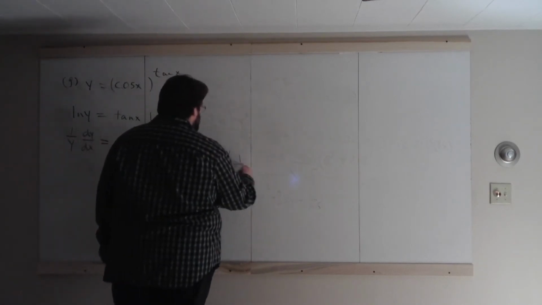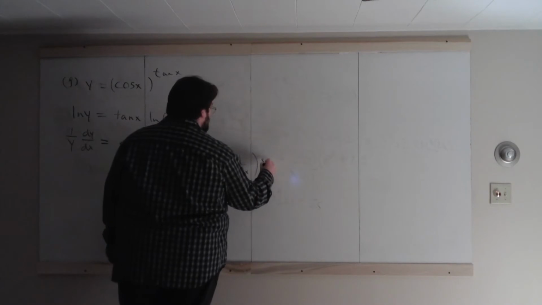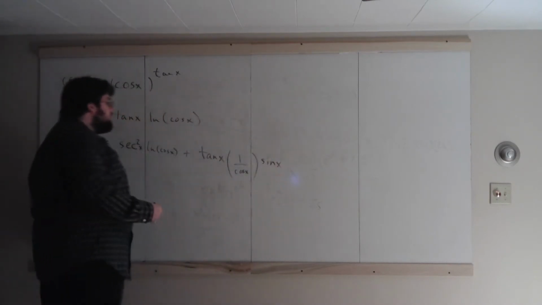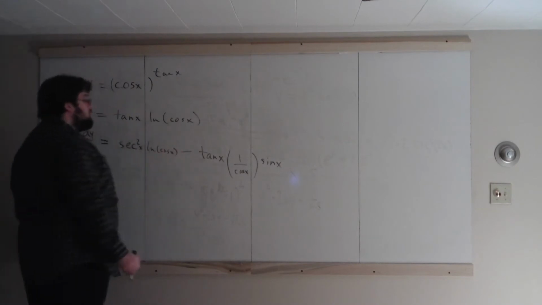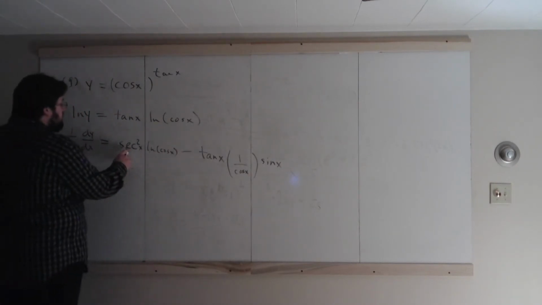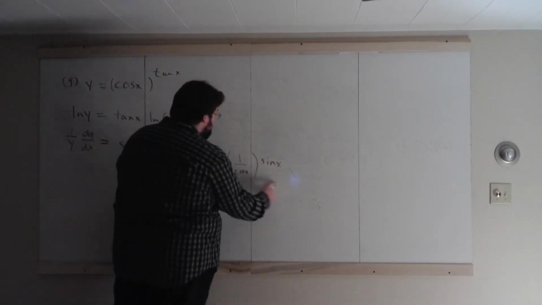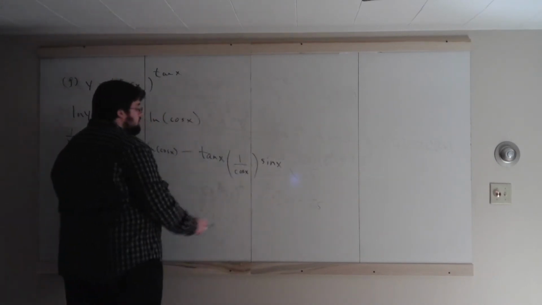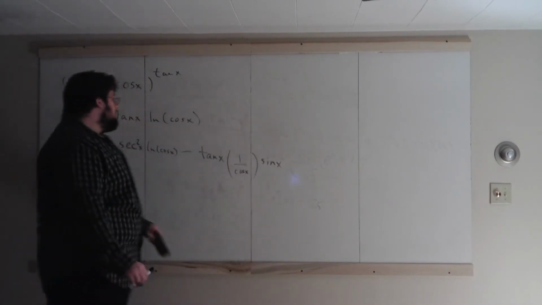Derivative of log cosine, 1 over cosine, times the derivative of cosine, which is negative sine. And I'm going to put the negative out here. So we have derivative of tangent times the second plus tangent times derivative of the second, derivative of log cosine, 1 over cosine, times negative sine.